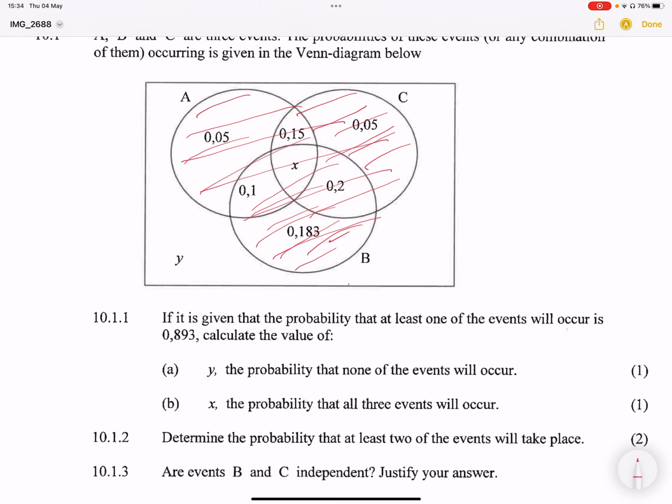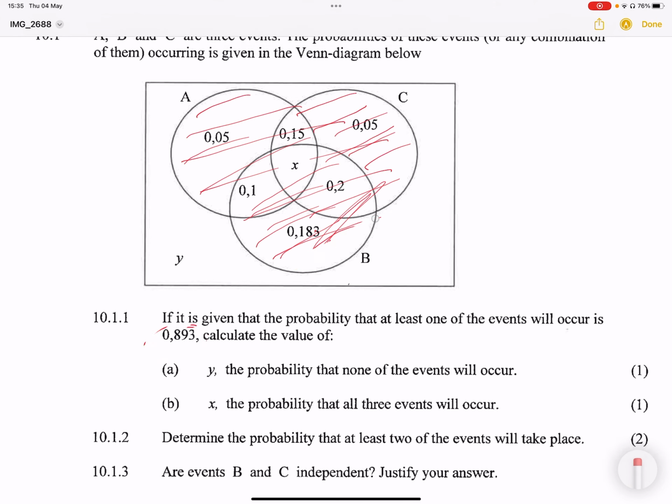So in this case, we're looking for the value of X, but now we know that the probability of at least one occurring is 0.893. So all we're simply going to do is add everything up, and it must give us a sum of 0.893. So I'm going to just remove that so that it doesn't disturb us later.